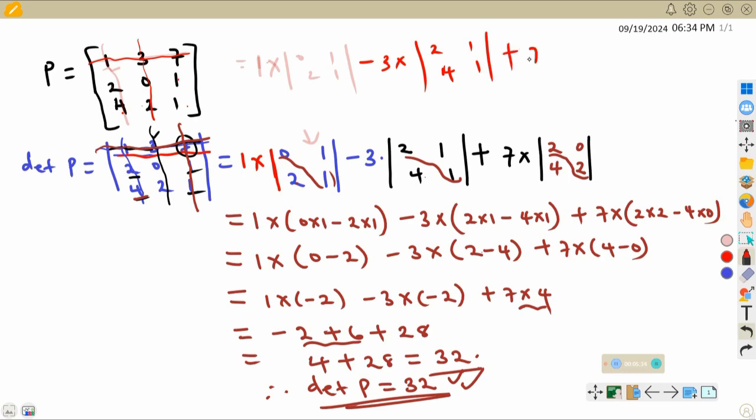So again, plus 7 times, where does 7 lie? 7 lies in this column and this row here. But when you delete them, what do you remain with? 2, 0, then 4, 2. So you know how to get the determinant of a 2 by 2. So get these determinants and multiply by these values, and you try to simplify, and that will be your answer.